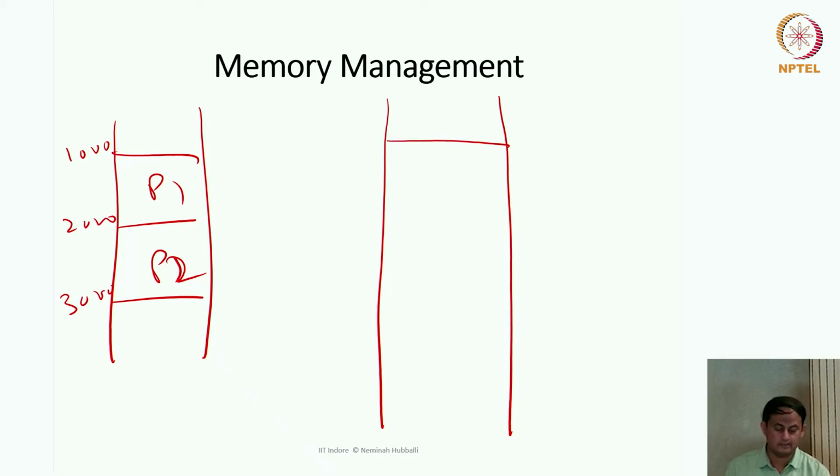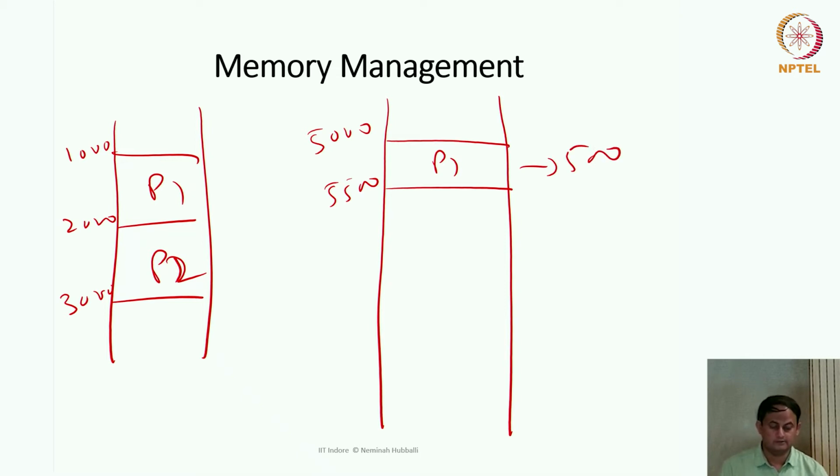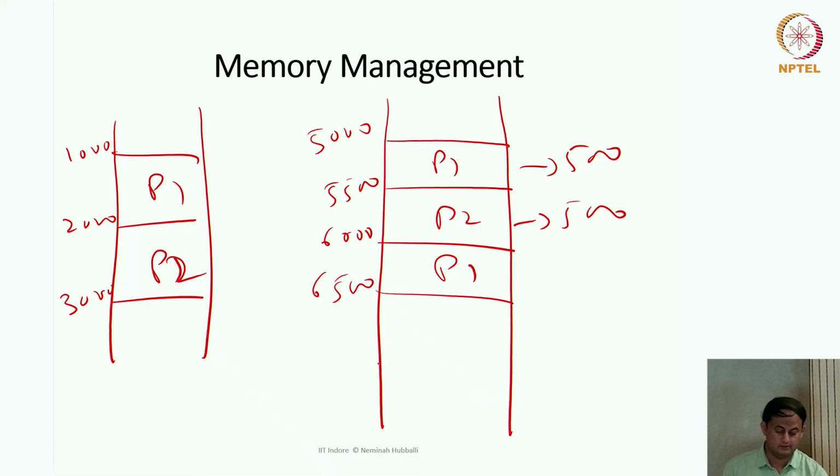So I require 1000 bytes for the process P1. In physical memory, half of this, 500 bytes, might be given from the address starting with 5000 to 5500, and similarly from 5500 to 6000 process P2 might be allocated the memory. This is 500 bytes, and then you might have process P1 from 6000 to 6500, and then again you might have P2 from 6500 to 7000. So this is 500, this is 500.